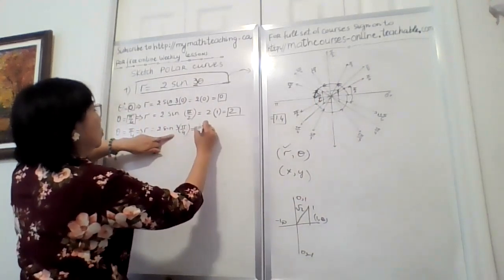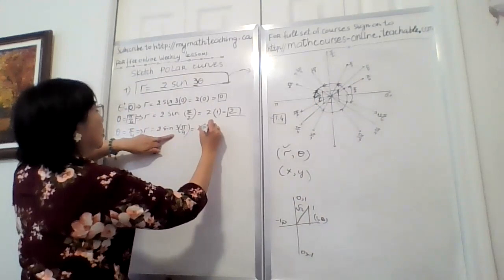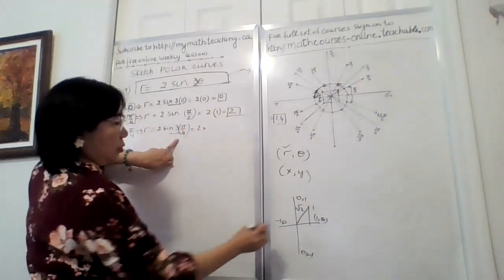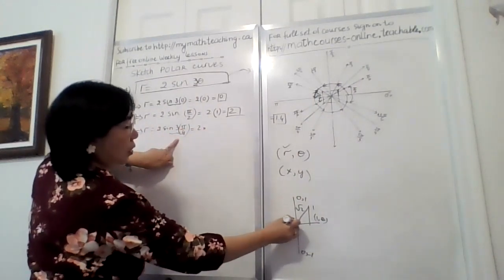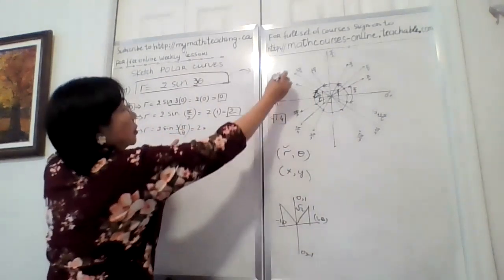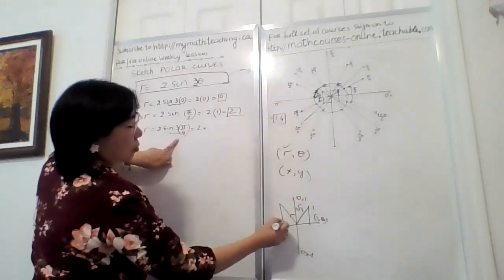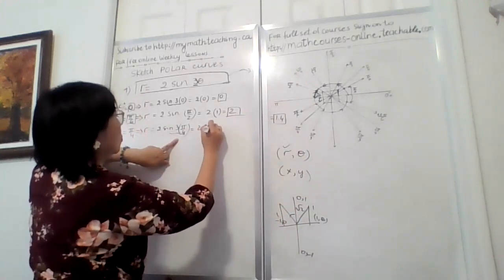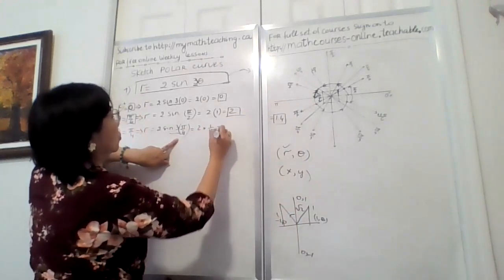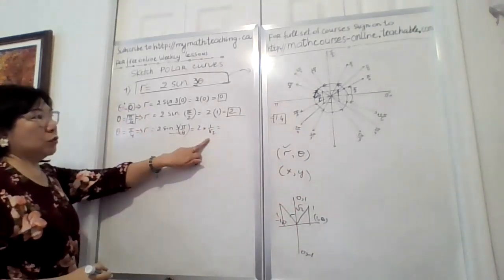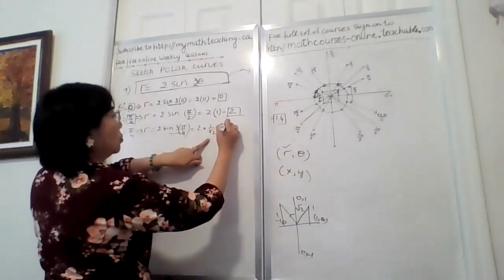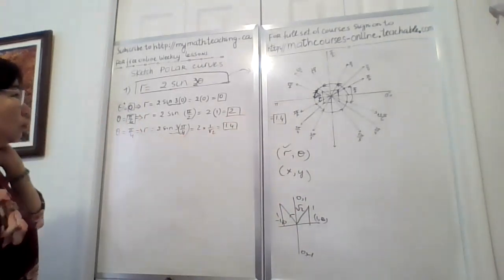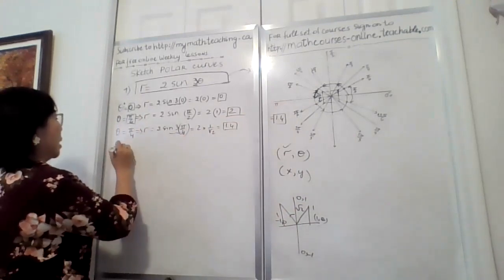So 2 times 1 over square root 2 becomes 2 over square root 2, which is the square root of 2.